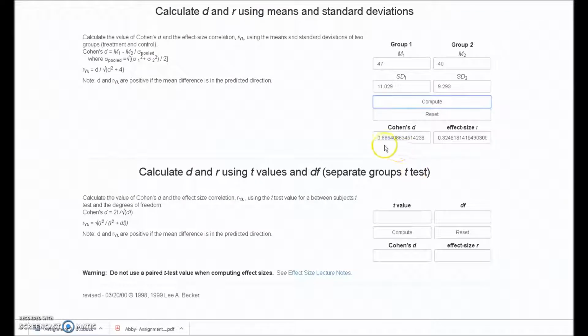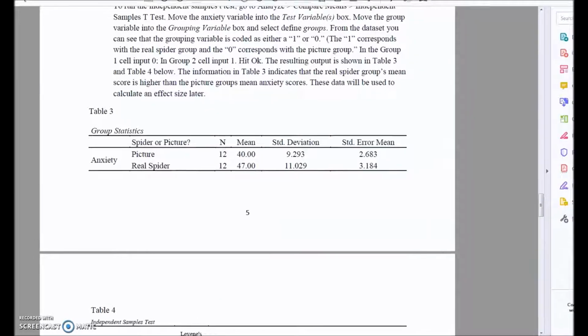When I press compute, it gives me the Cohen's d. Once again, I take 2 decimal points, but because the third one is more than a 5, it is a 6, I will say it is 0.69. I'm rounding it off. And then R is 0.32, but this one is less than a 5, so I just report 0.32.